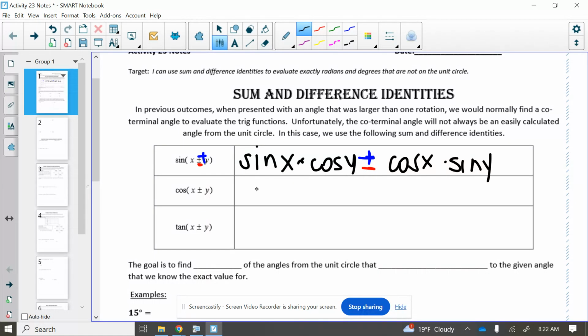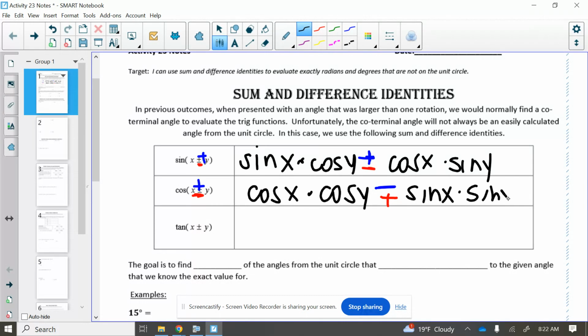Cosine's formula is going to be cosine of x times cosine of y. And this one you have to be careful, because if you are adding, it's actually going to be subtraction inside here. And if you're subtracting these two values, it's actually going to be addition. And then sine of angle x times sine of angle y.